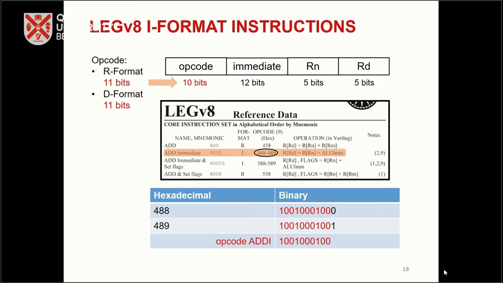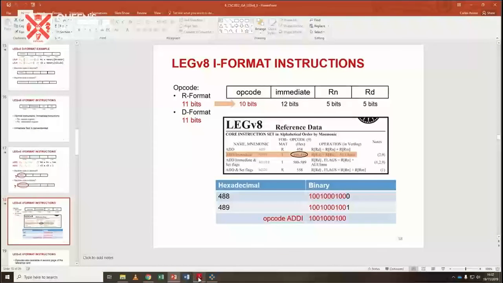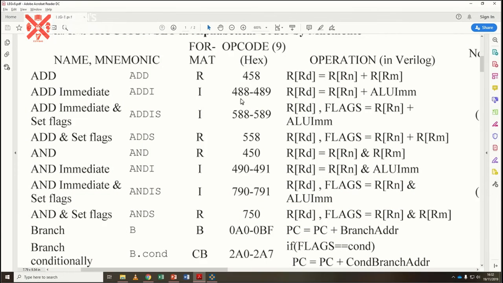So the actual operation code will be only the 10 bits, the ones which are common in the two values that I'm reserving for this operation code. So in the reference data, when you see that you have two values, it's always the same.